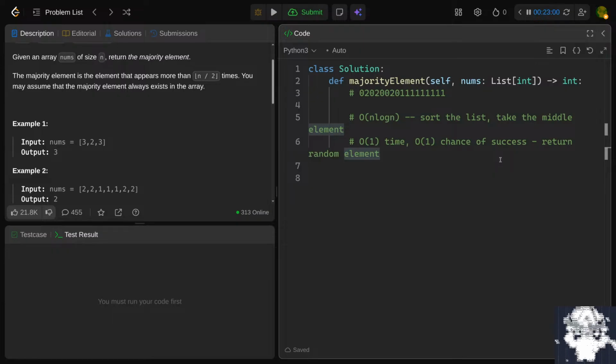But the only way it would be close is if there's another element that's almost n over 2. So I should be able to eyeball the candidates and then count them.